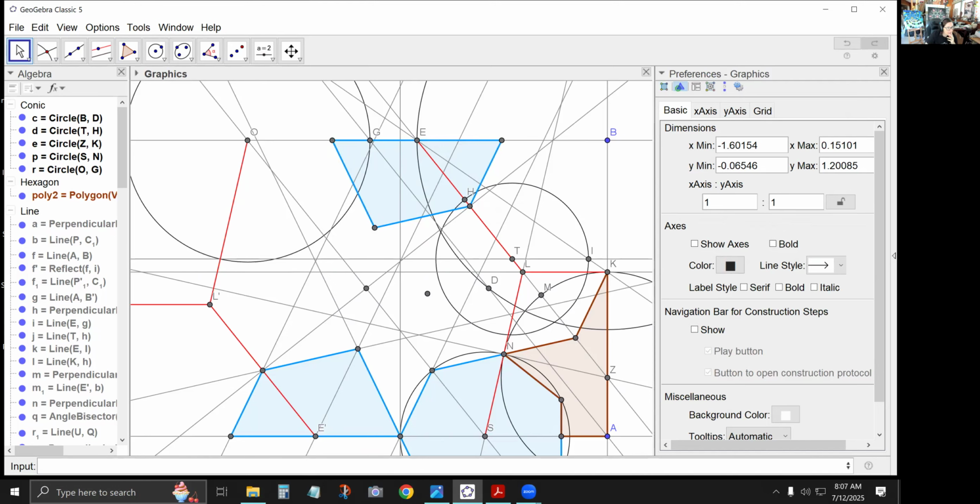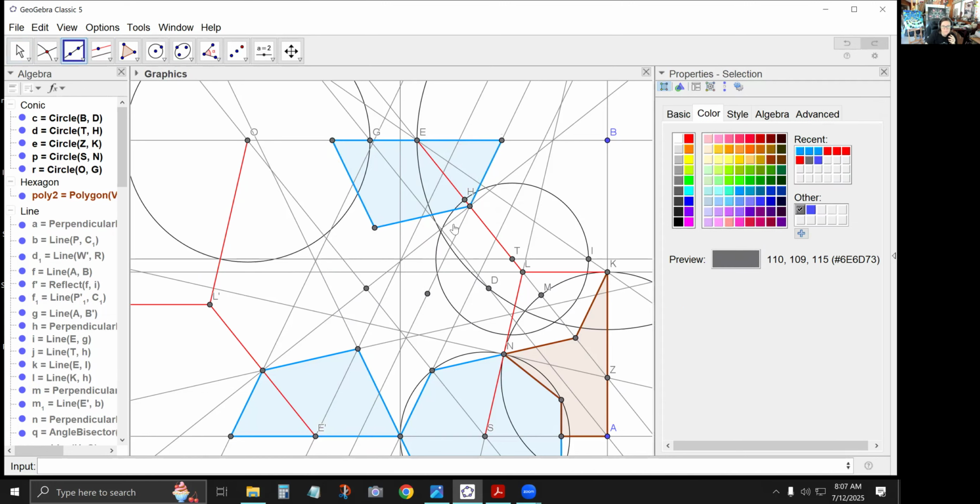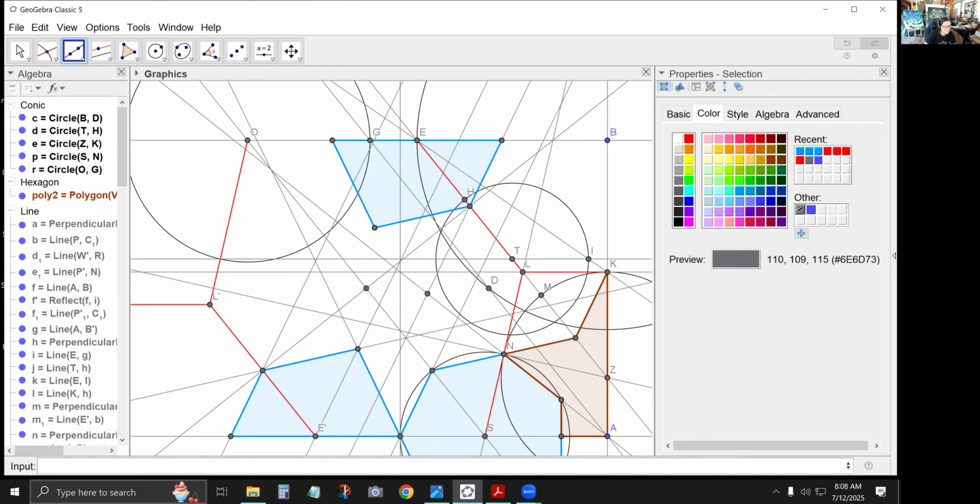And then I'm going to construct a line along the edge of this polygon. Notice that also goes through this point. And I'm going to construct this line.